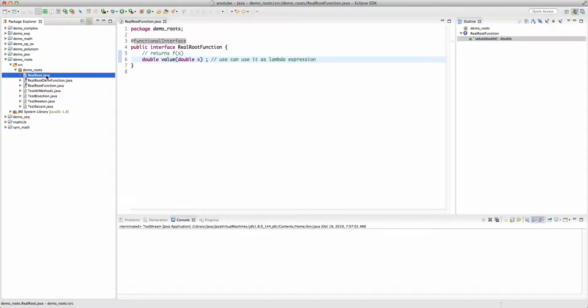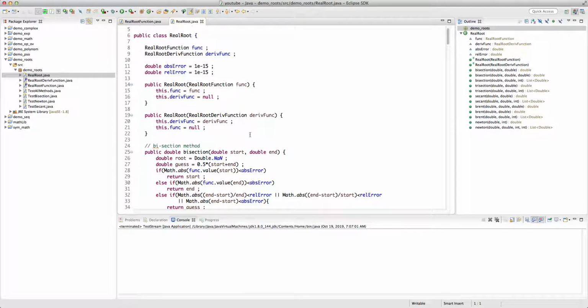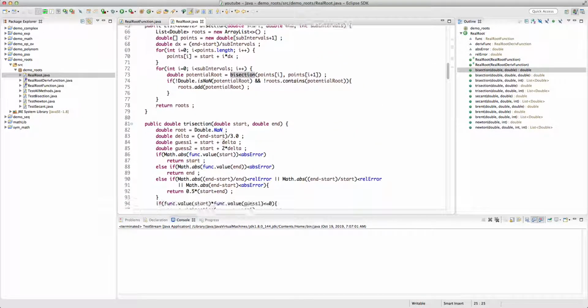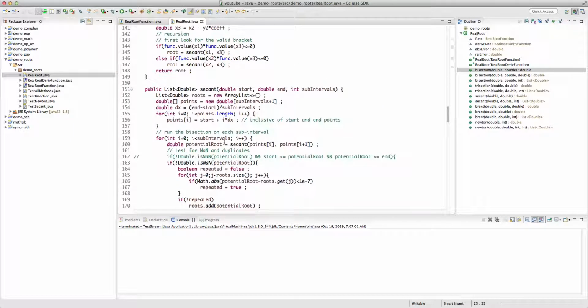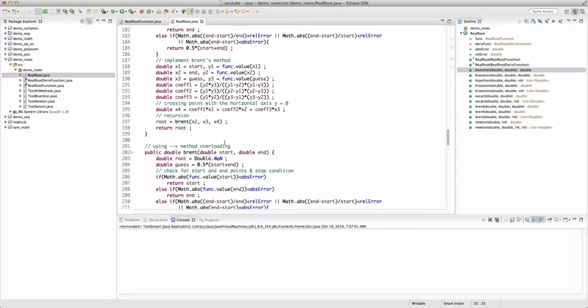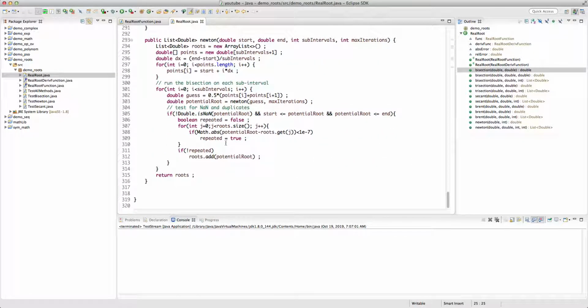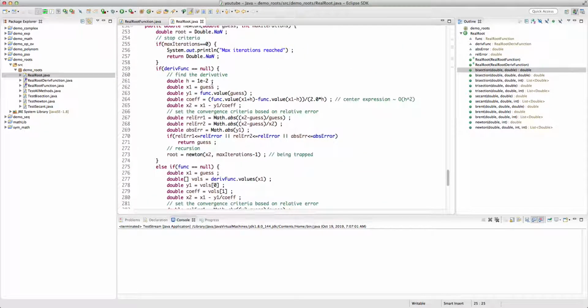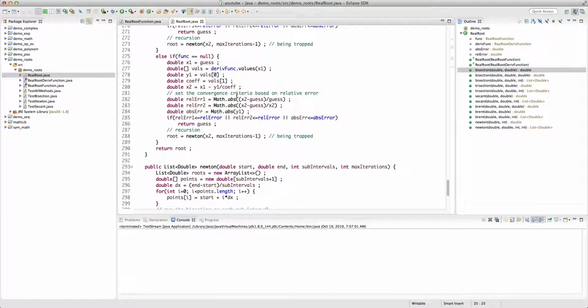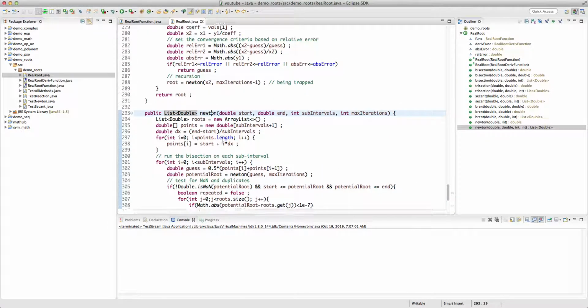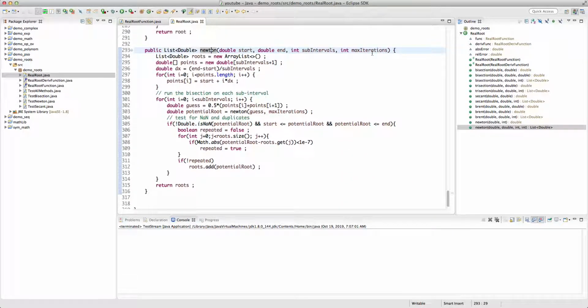And then we had this real root class in which we implemented the bisection, trisection with secant, Brent, Newton, and we had a method that tries to find the root in an interval, and also a method to return a list of roots in a given interval based on some number of sub-intervals.